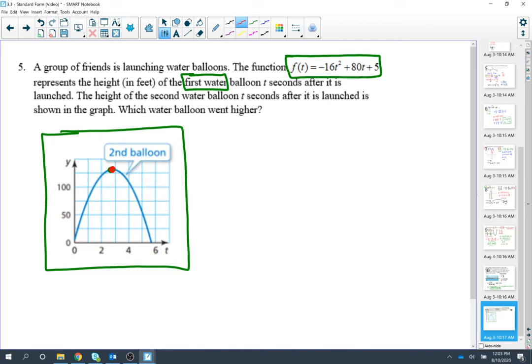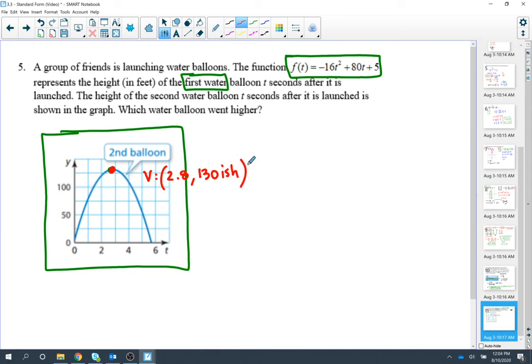So if I'm looking, I can find the vertex, and the vertex looks to me like 2.8, comma, 50, 75, 100, 125, so maybe 130-ish. So the question is, how high did it go?